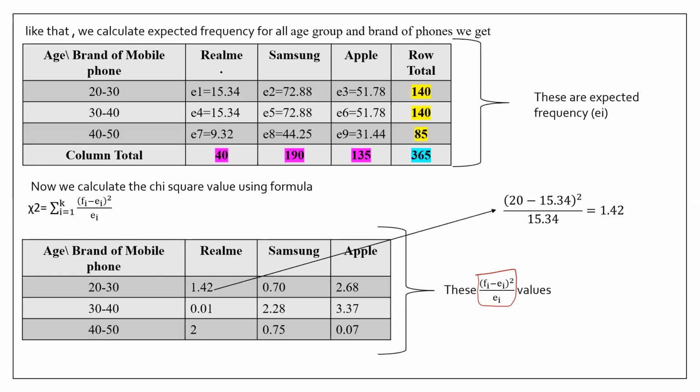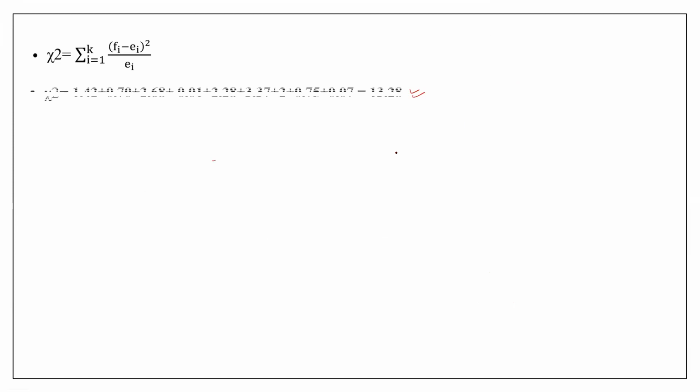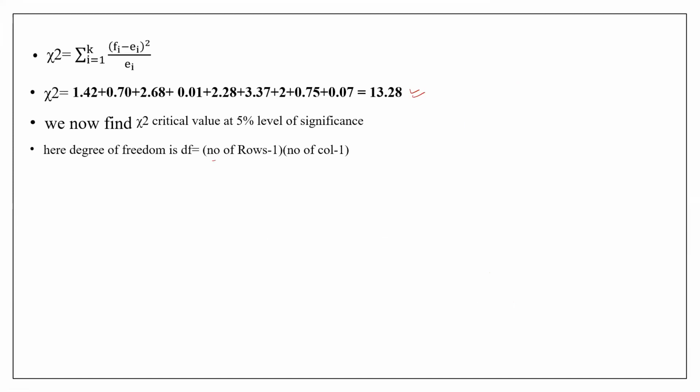Quickly, let us check how many rows and columns we have: 1, 2, 3 and 1, 2, 3. So we have 3 columns and 3 rows. So what will your degree of freedom be for this example? 3 minus 1 into 3 minus 1, which is 2 into 2, so 4 is the degree of freedom.